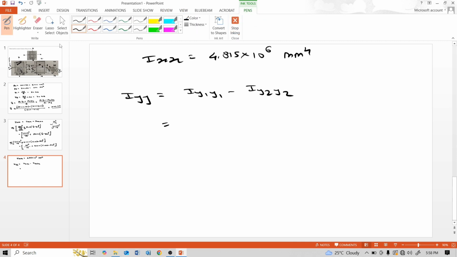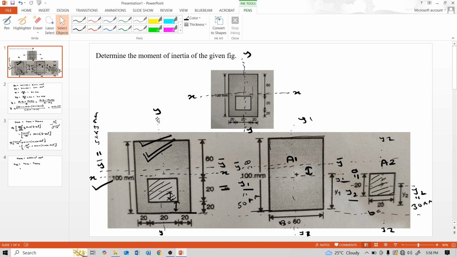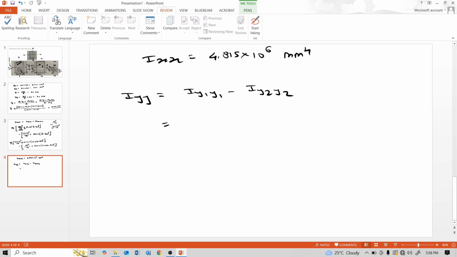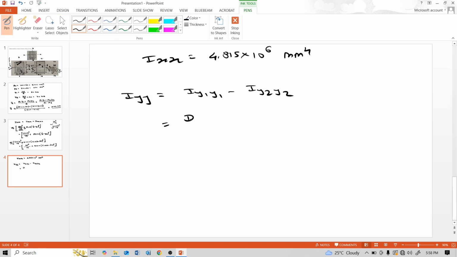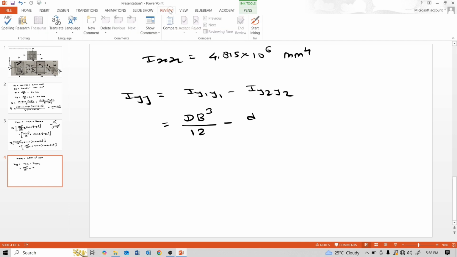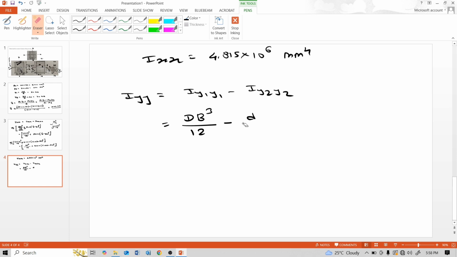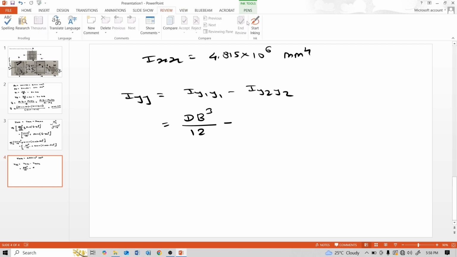It is DB cube by 12. See, for moment of inertia about this y axis, the side parallel to y axis is this D. So take D first, and then take opposite side cubed, DB cube by 12, minus side raised to 4 by 12.